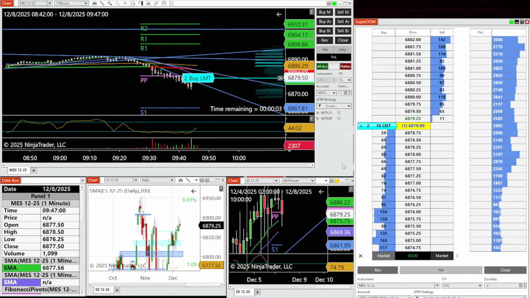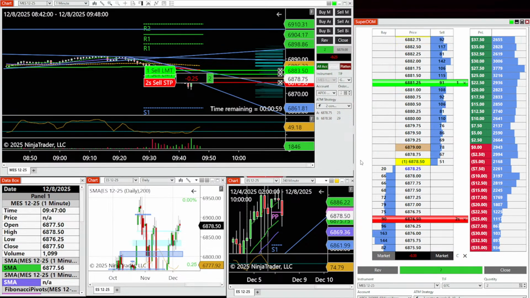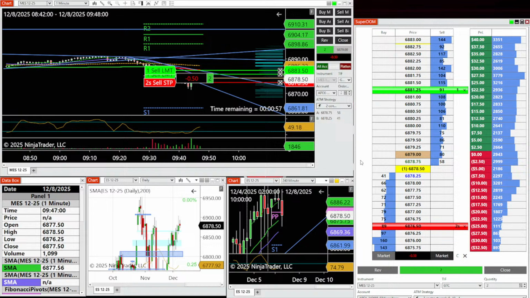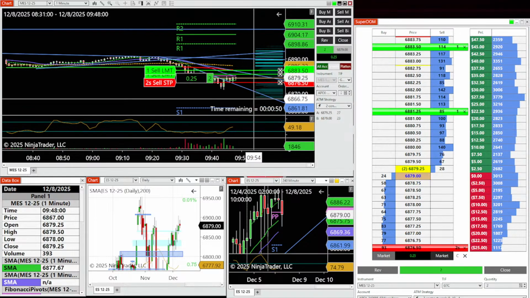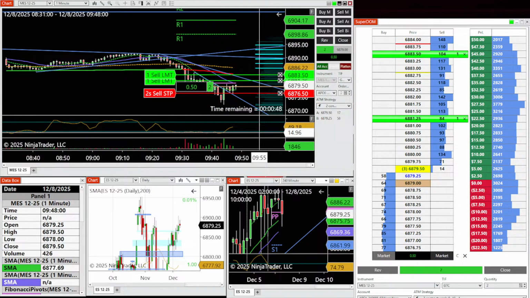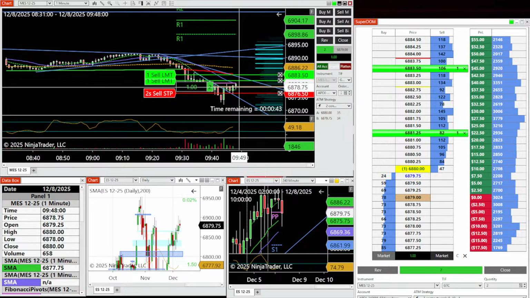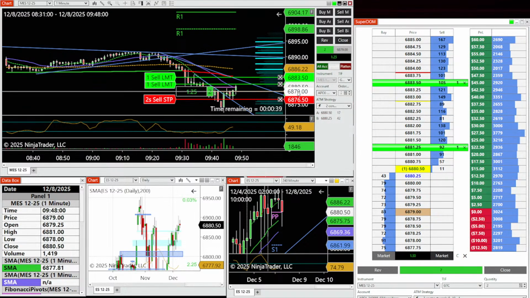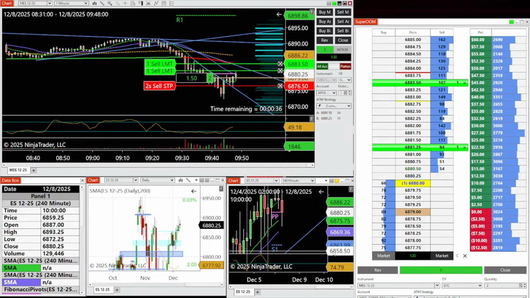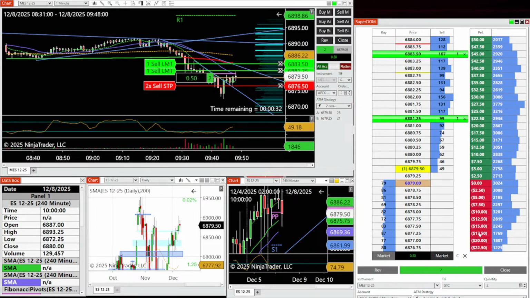See if I can get in. Okay, I'm in. Let's see if my long is good or not. We got to get above pivot point. Once my first target is hit, if it's hit, which it hasn't.